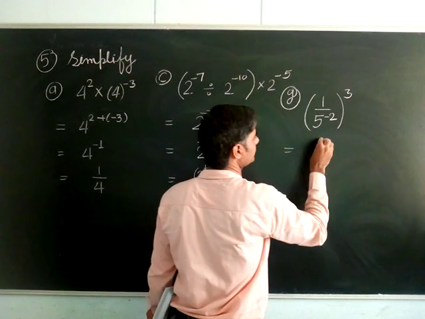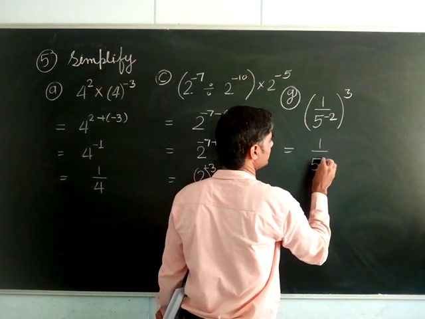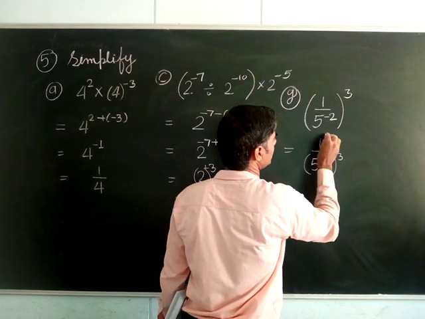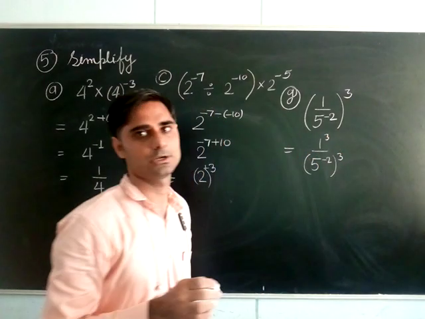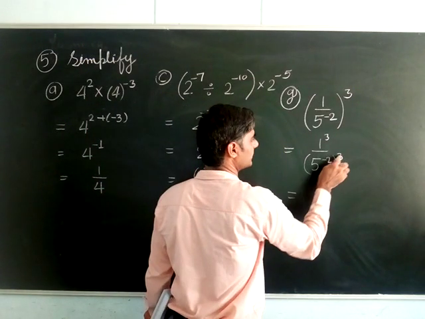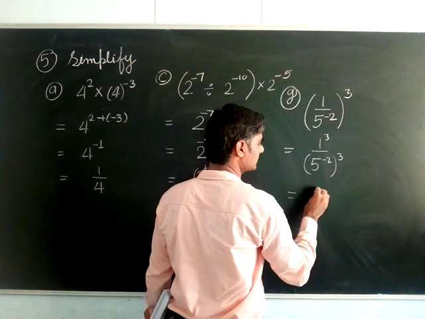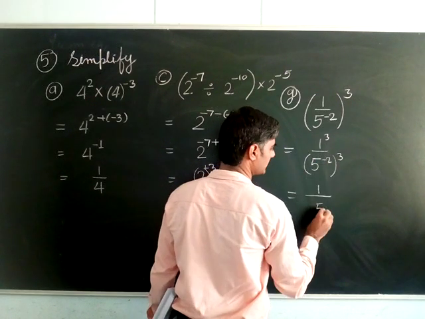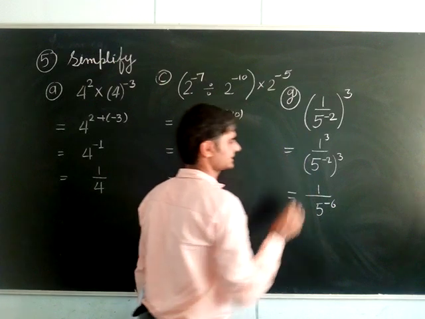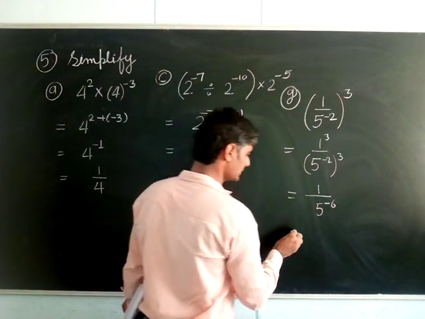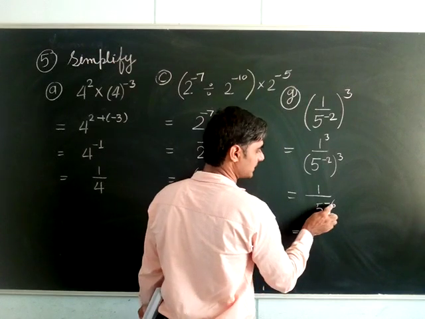So here what will come? 1 upon 5 power minus 2, and here this 3 we will use separately. A power m whole power n, so m times n will come. So in the numerator 1 as it is, and in the denominator 5 power minus 6.